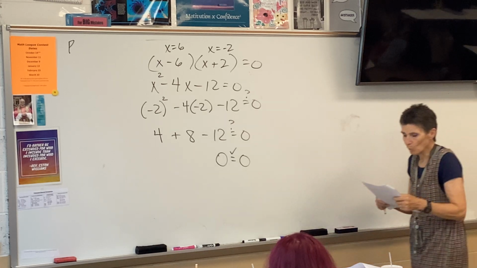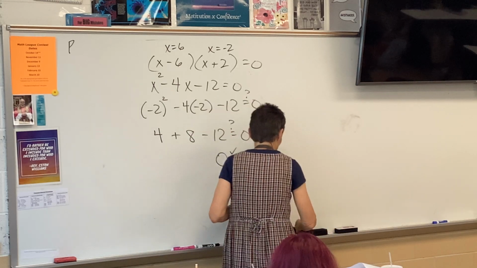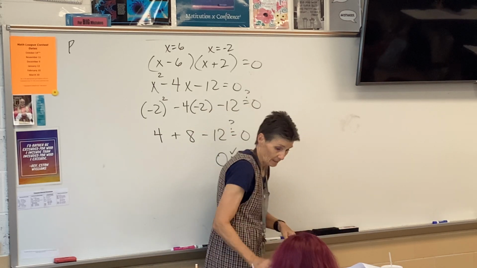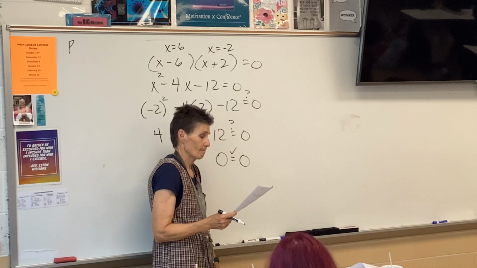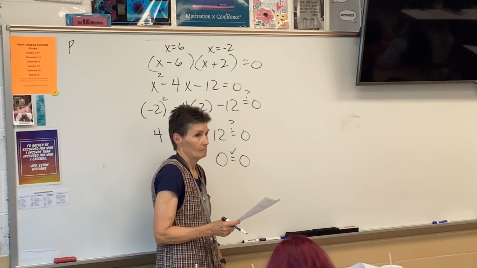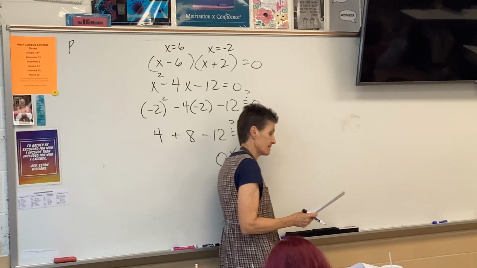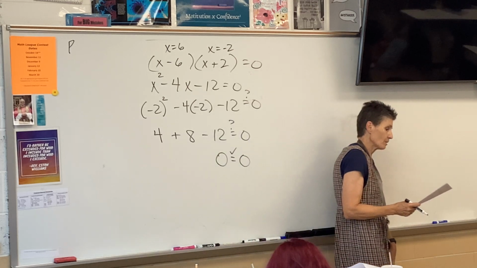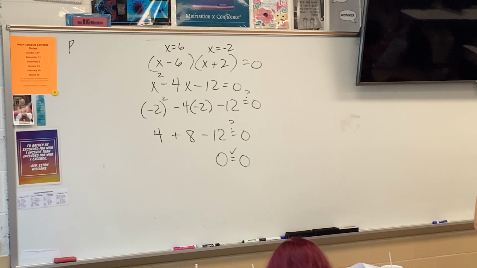All right, number 2. Which are linear equations? I'm going to give you a hint. The only ones in that list that are linear equations are A and E. A and E are linear.